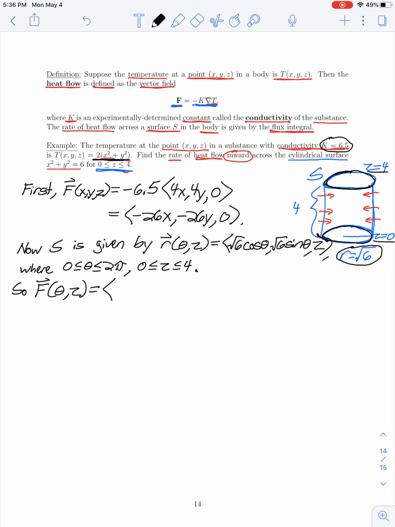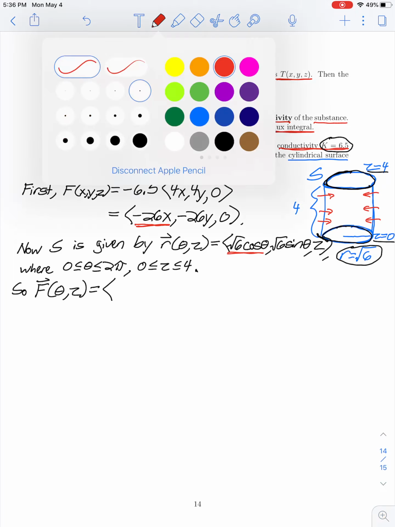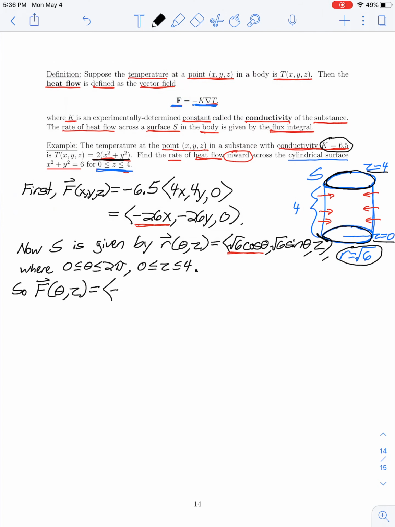Our first component for this vector field was negative 26 times x, and the x component for points on our surface is given by root 6 times cosine theta. So here we have negative 26 root 6 cosine theta.